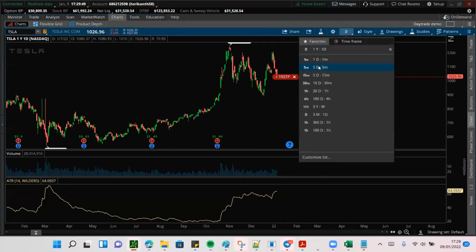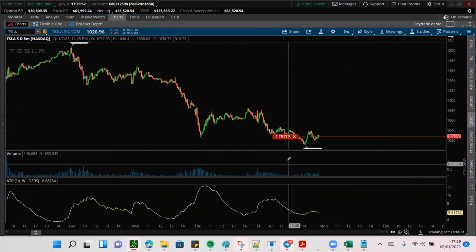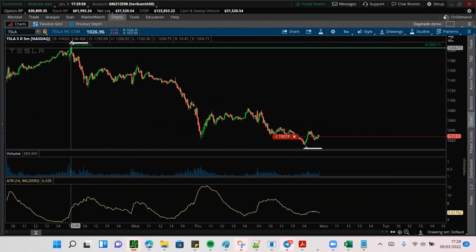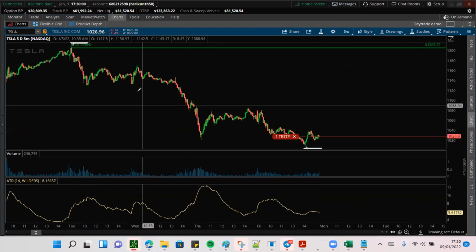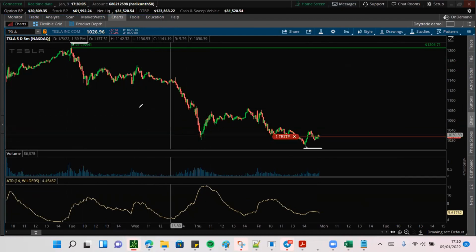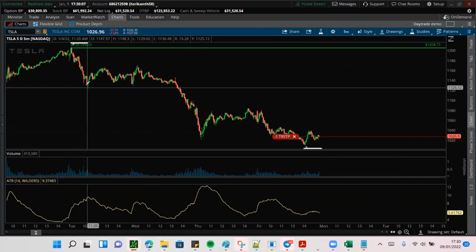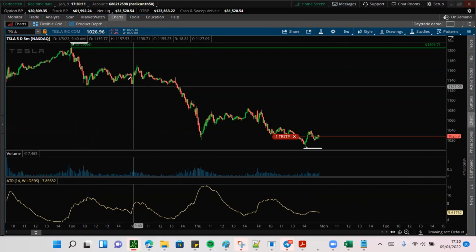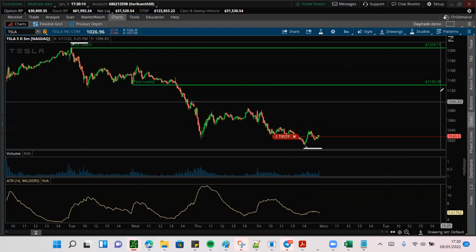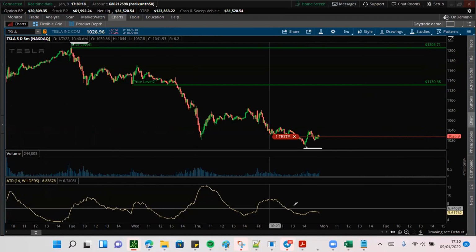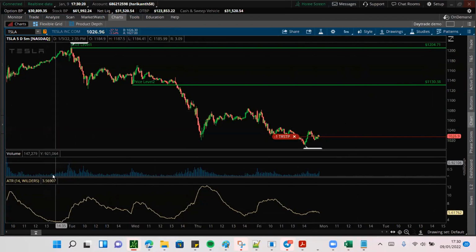So let's do a 5-day 5-minute chart, and I'll try to find out. On Tuesday, this Tesla went from 1204 all the way to, yeah, this is the Tuesday side, right? And Wednesday, so it moved almost 70 points. The average true range is nothing but an average from the last 14 days.